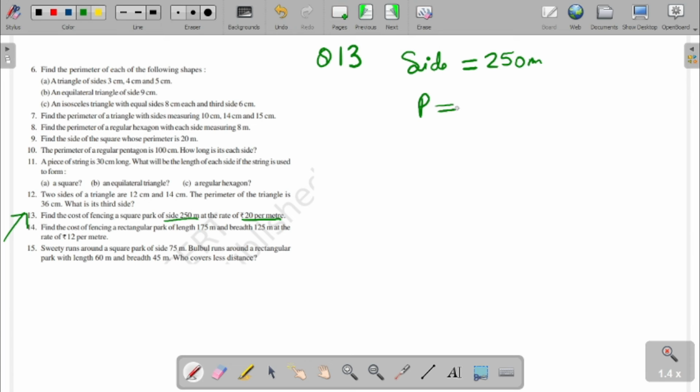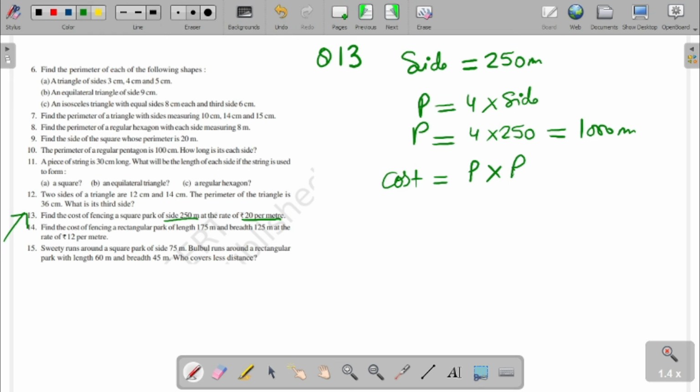Perimeter in case of a square is 4 into side, that is 4 into 250. This is equal to 1000 meter. This is the perimeter of the square park. Then cost is always equal to perimeter into rate.